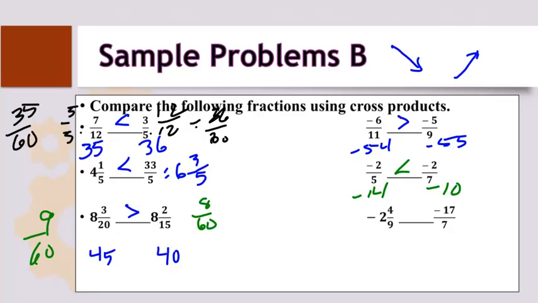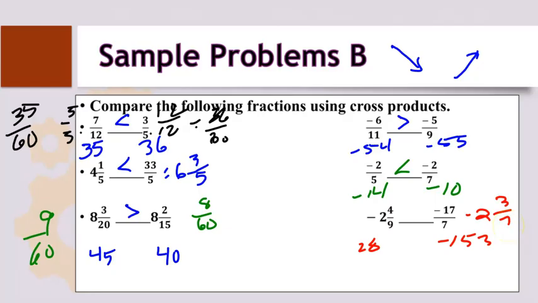Moving forward, the next one, 9 times 17. Actually, 4 times 28, or 4 times 7 is 28. And then 9 times 17 gives us 153. Now, if I rewrote this other one, this one is a -2 and 3/7.